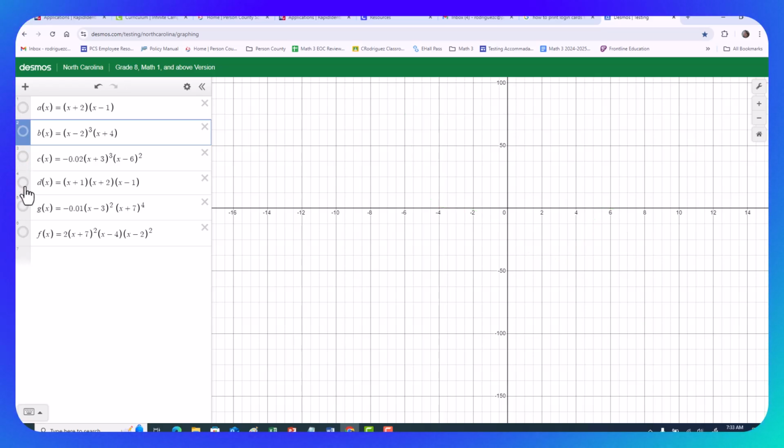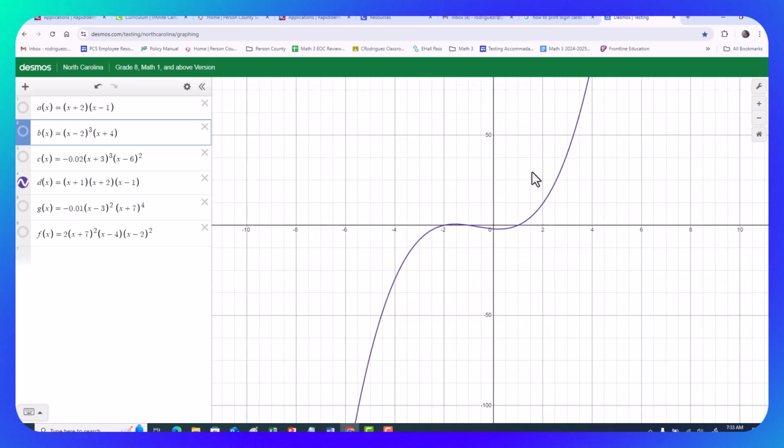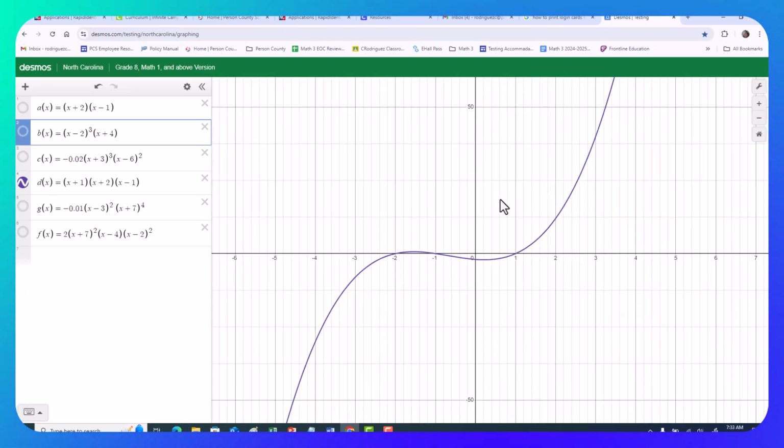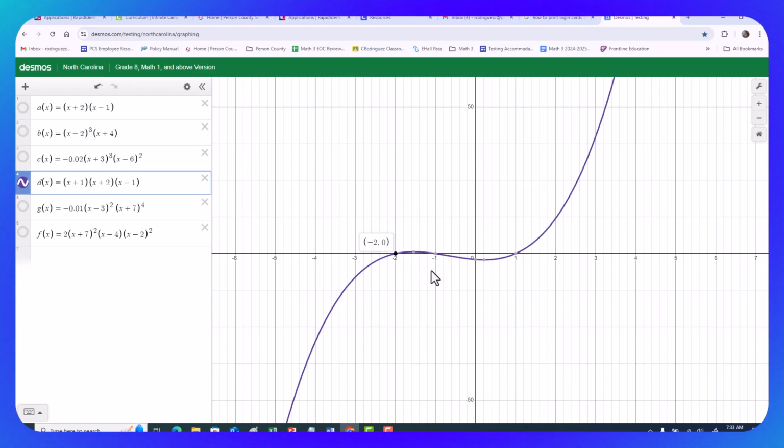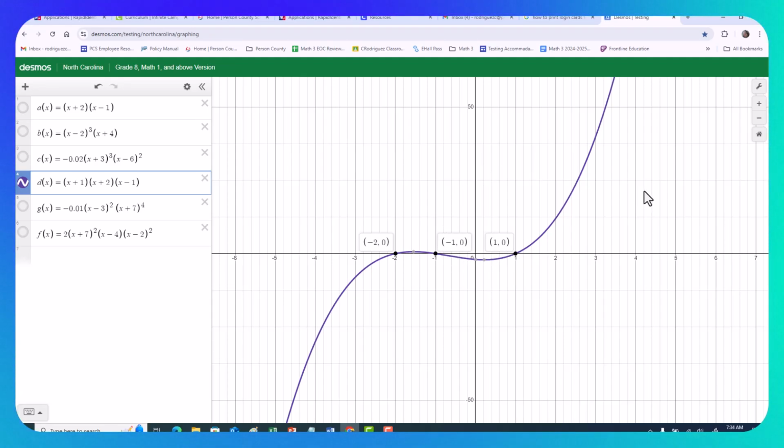Then I'm going to go to graph D. I may want to zoom in a little bit more to actually see what happens because it kind of goes above the x-axis. I can see what my roots, my solutions, are. I want to click on those. We didn't really, well, actually that was part of the question, so I can check to see if I got those correct. All right, so this is graph D. So look on your paper.